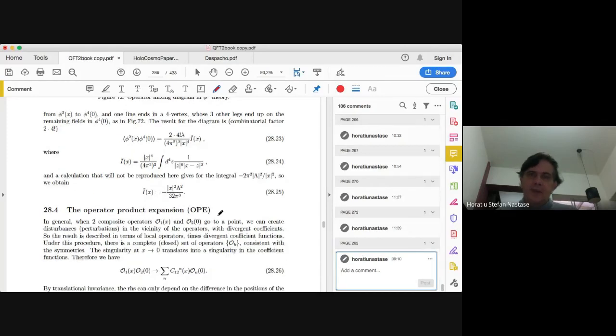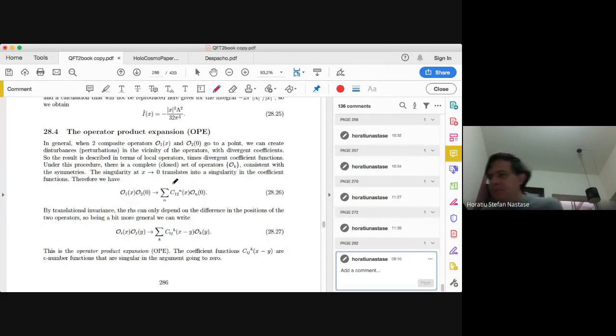And then the corresponding I tilde of x. Yeah, so the integral, having dimension 4, the dimension is correct here. And then this I tilde of x with the corresponding prefactor is given here.